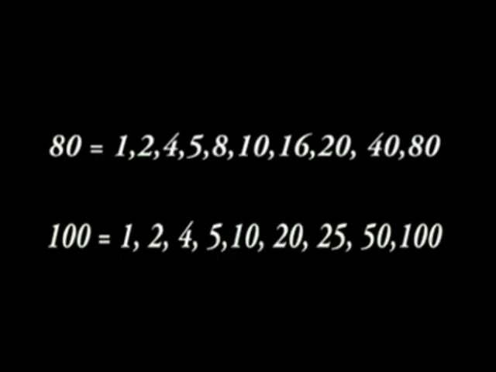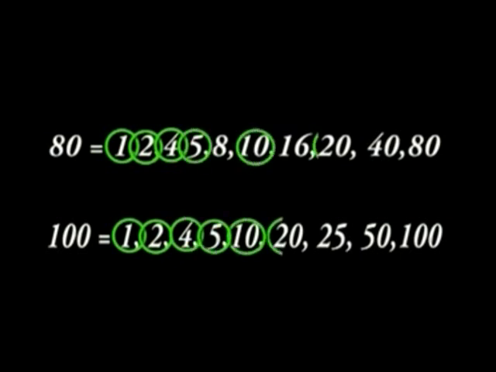Given two or more numbers, the factors that appear in all cases are called common divisors. From our previous example, we saw the factors of 80 and 100 as shown below. The factors 1, 2, 4, 5, 10, and 20 are common to both 80 and 100. Confirm that.